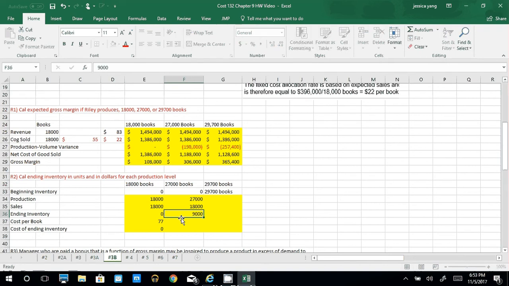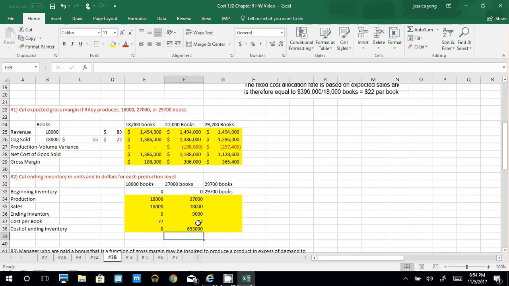And I'm selling each book for $77, which gives me, by taking 9,000 times $77, that gives me $693,000 for the cost of ending inventory.